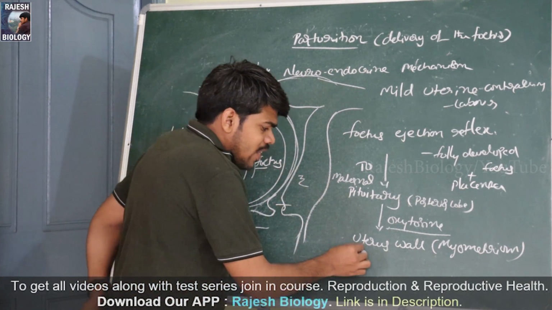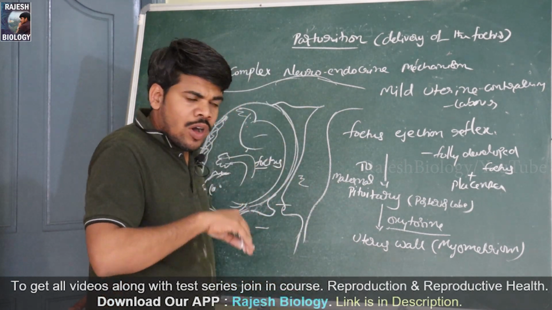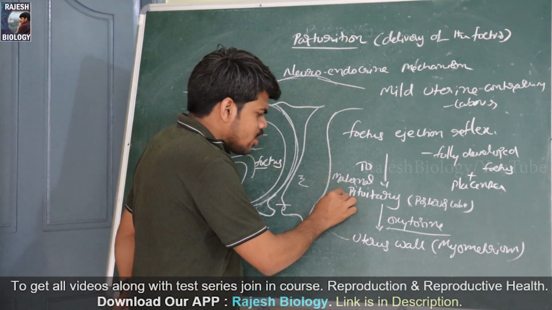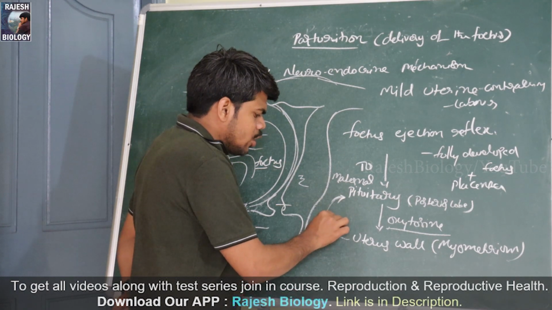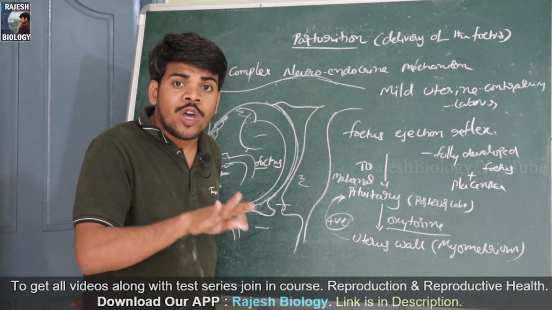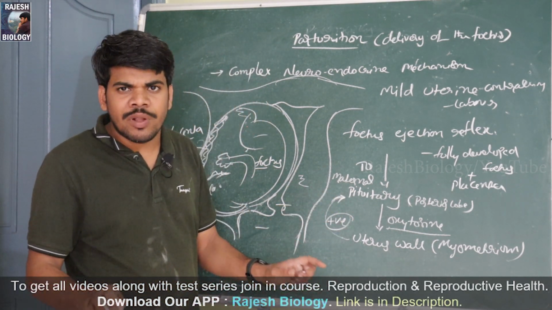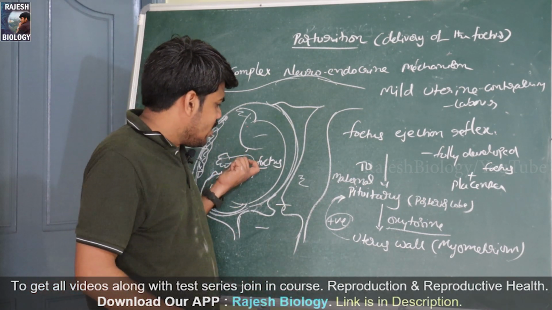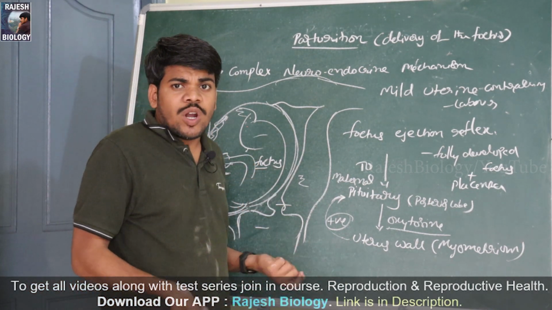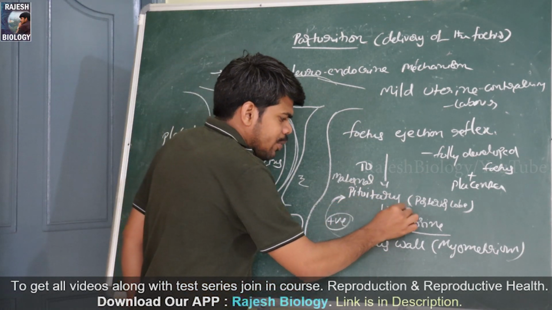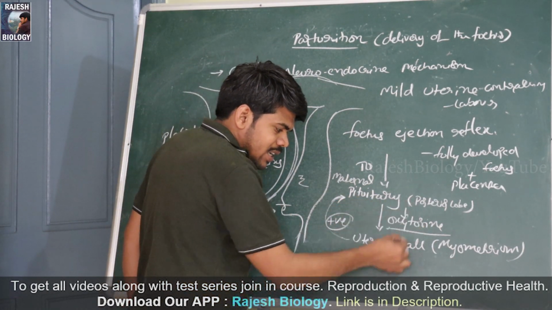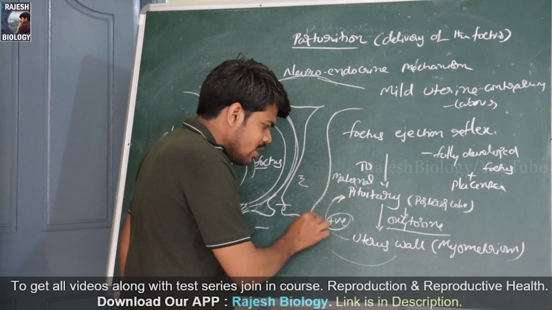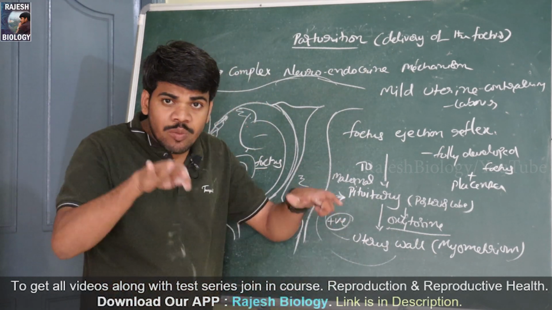The strongly contracting uterine wall sends continuous signals to the pituitary gland, that is positive feedback. I want more oxytocin, this is not sufficient to expel the baby, and this baby is very stubborn and strong. The pituitary gland produces more oxytocin, which the uterus receives, and it gives another stimulation: I want still more.